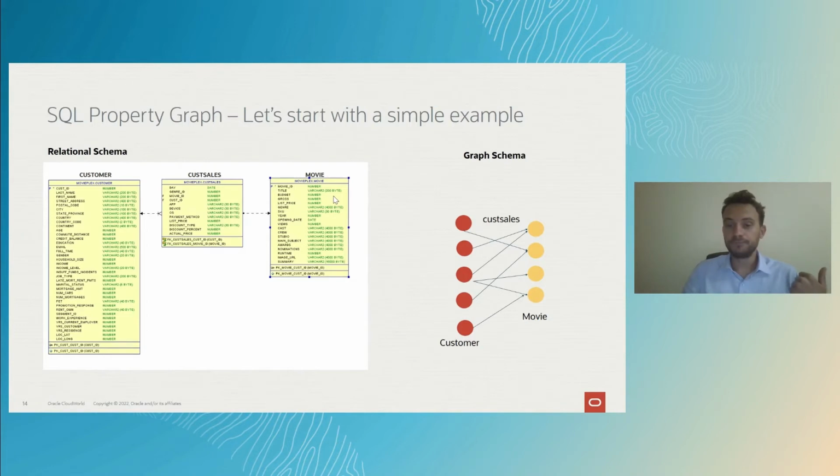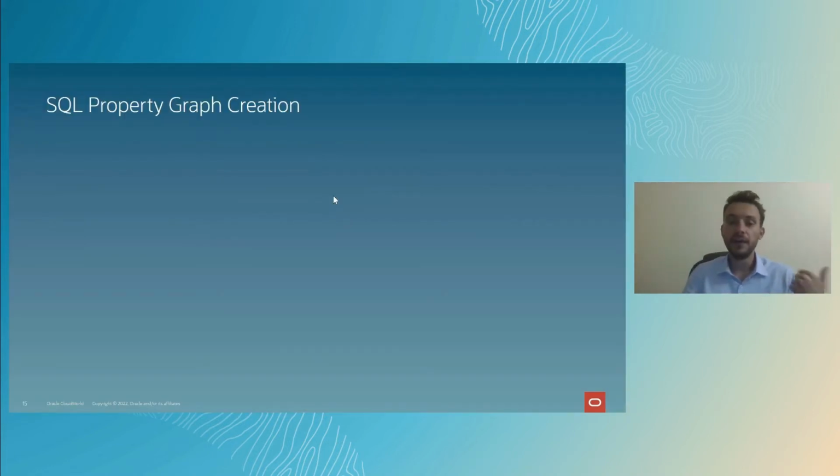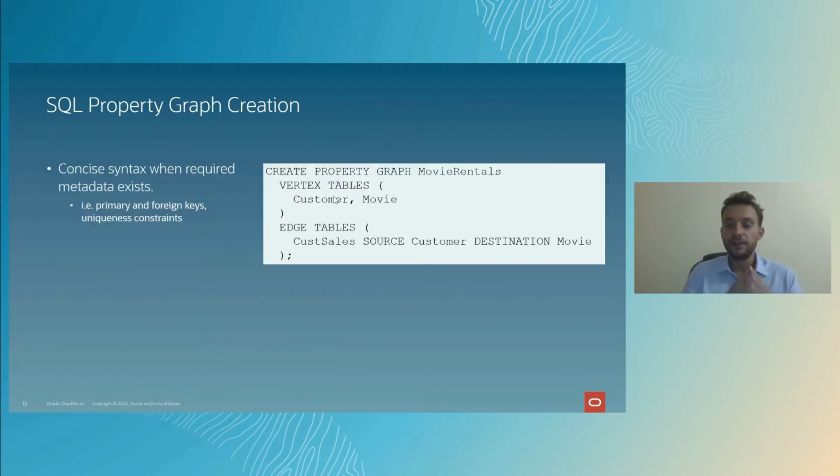Okay, so for creating a property graph on top of this relational data, we will give support for the following create property graph syntax. So users can now write the syntax you see here on the right, which basically starts with the create property graph keywords, then the name of the graph. Then users can specify the tables which are vertex tables in the graph, in this case, customers and movies, and the edge tables that are involved in the graph creation.